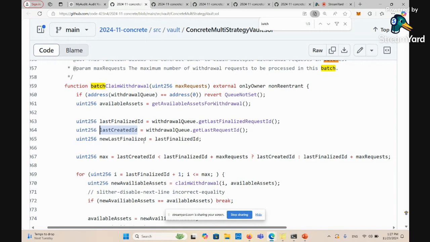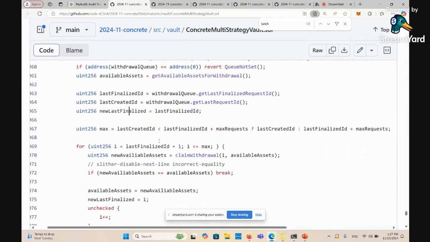We don't know. And then we want to say what the new last finalized one should be. They cache this because this might change, and then we calculate how many requests we can really make. The way they do it is they compare these two tails.